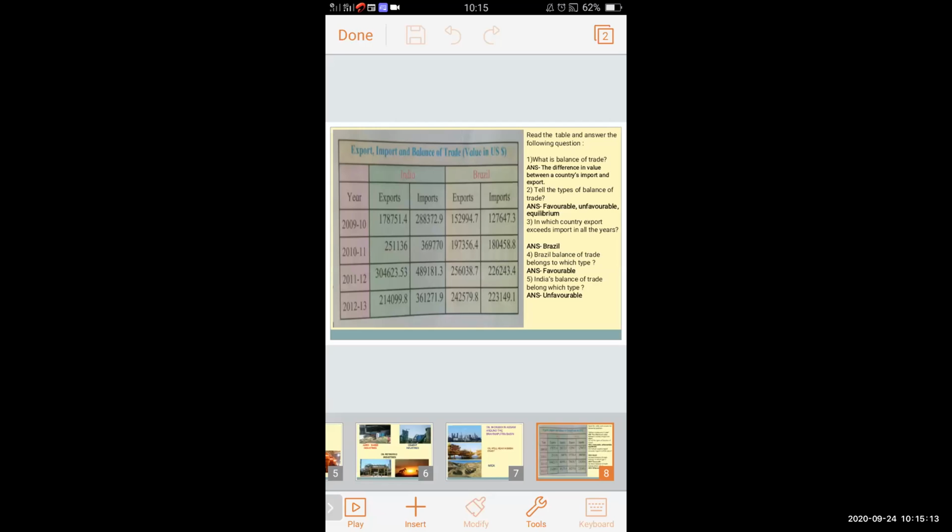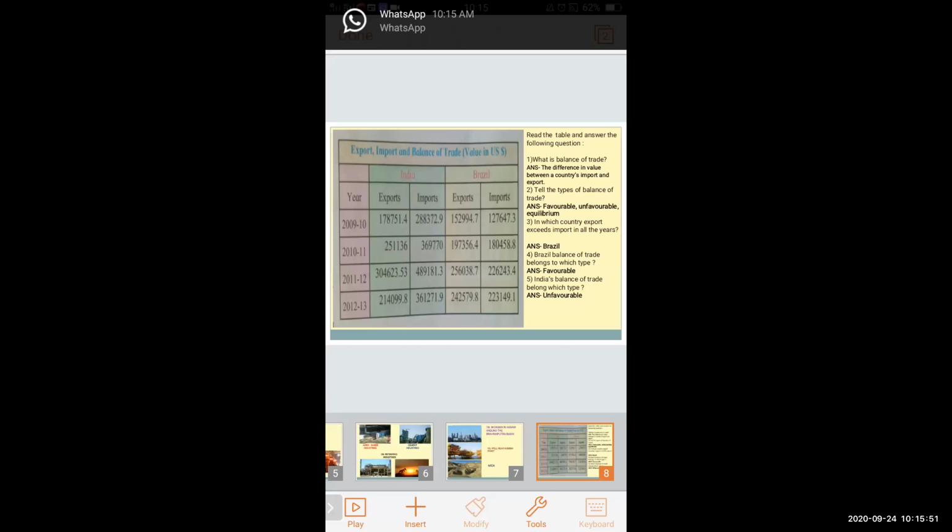The export is less and the import is more. The export is 3,04,623.53 and the import is 4,89,181.3. In 2012-13, it is 2,14,099.8 and import is 3,61,271.9.